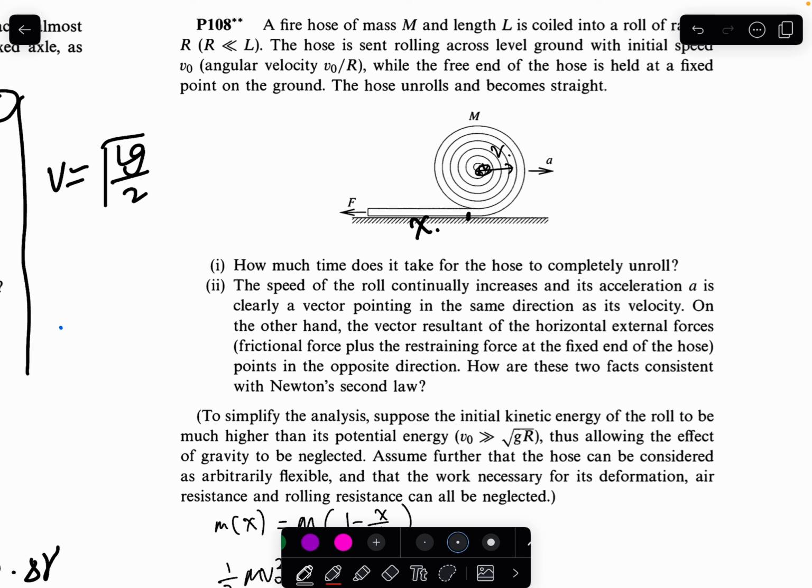The axis is into the paper. So apart from its kinetic energy along with the motion of the center of mass, it also has an angular motion energy. You can't neglect that.